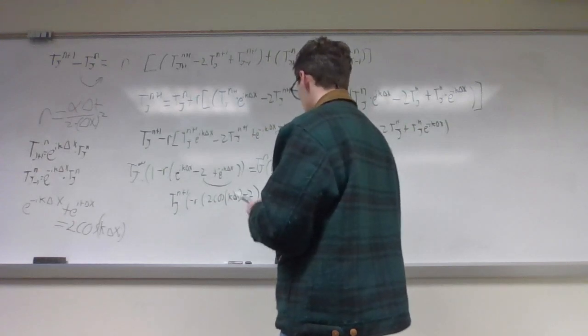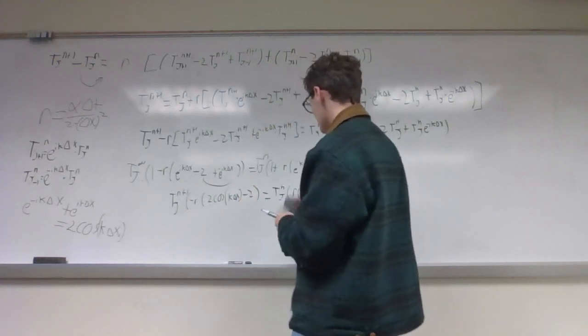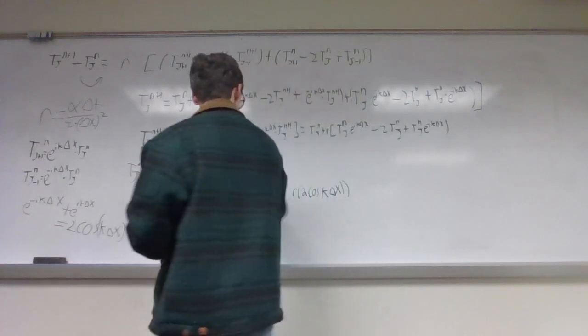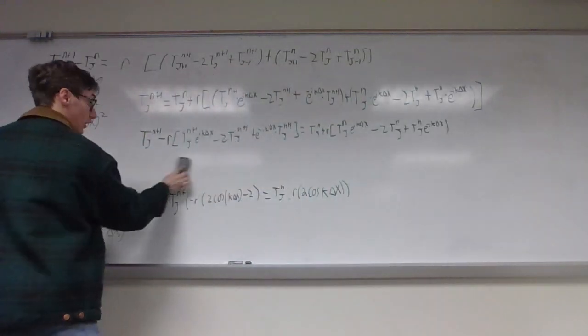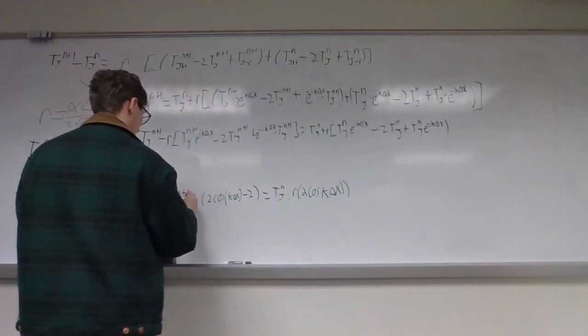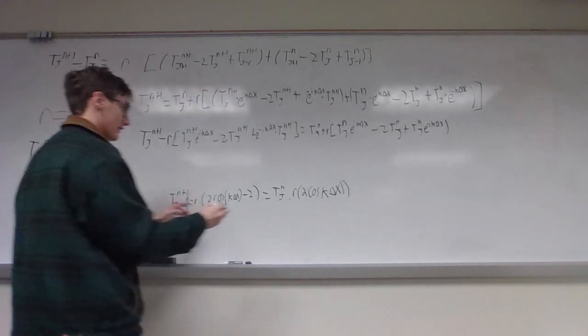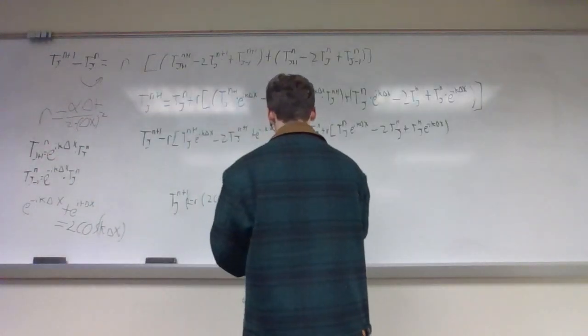So I should have put it down here. Son of a gun. So actually, let me just do that over here as I erase this whole thing. So we can do this as I talk. So we have our 1, hard to see, but it's there, and our 1 plus r.